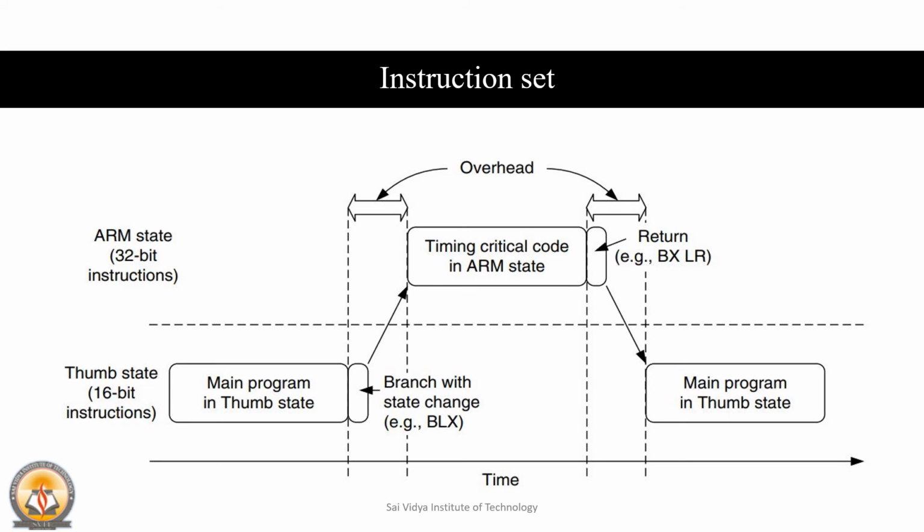In the Thumb state, the instructions are 16-bit, so there is a much higher instruction code density, but the Thumb state does not have all the functionality of the ARM instructions and may require more instructions to complete certain types of operations. So to get the best of both, many applications mix the ARM and the Thumb codes, but this results in an overhead. The overhead has the execution time and the instruction space to switch between the states.